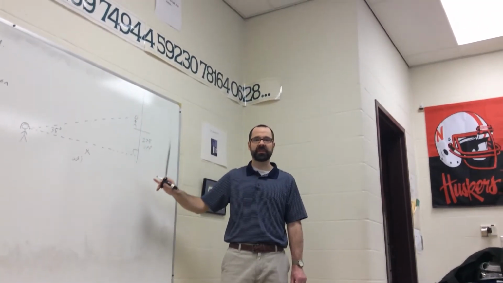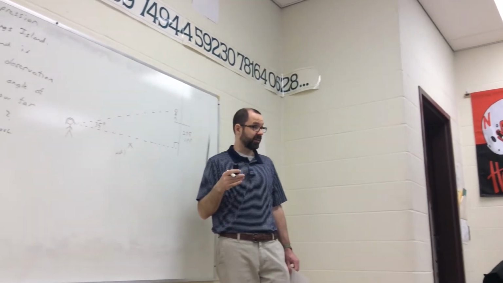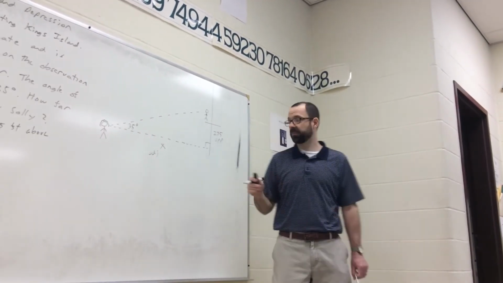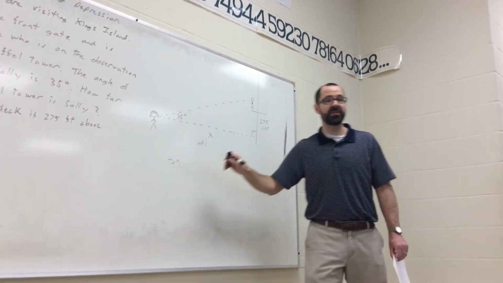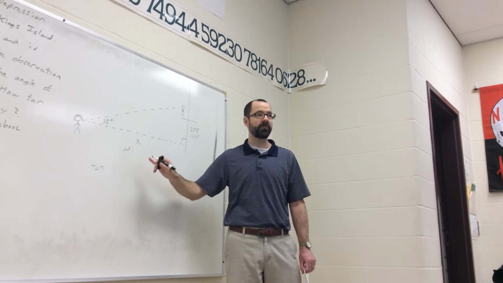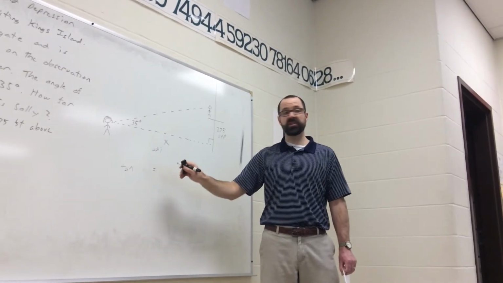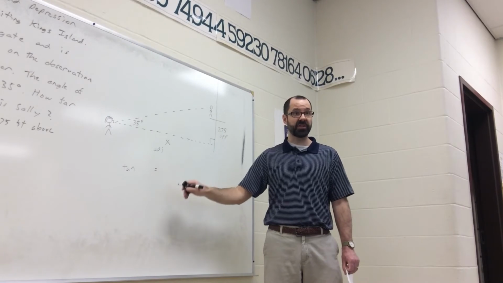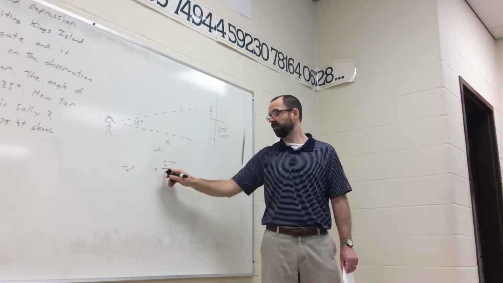Yeah, Kieran? Tangent. It's tangent that's opposite and adjacent. Cosine is adjacent and hypotenuse. Yeah. Good. All right, so we're going to use tangent on this one because they gave us the opposite and we're going for the adjacent. And tangent is opposite on top and adjacent on the bottom. So it's 275 over x.